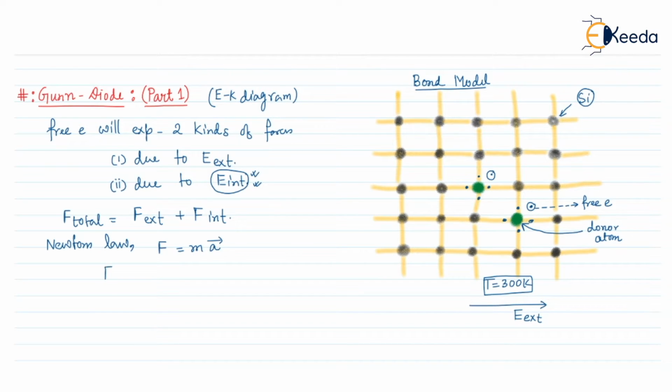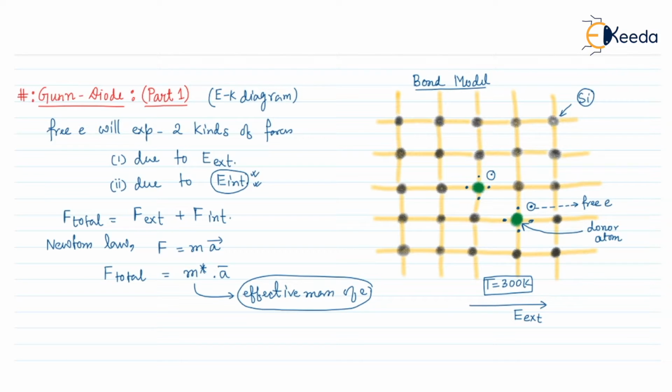So when we consider the F total, that will be m star into a. This m star is the effective mass of the electron. Now why does this effective mass come? Effective mass comes because there are some internal electric fields inside the semiconductor.